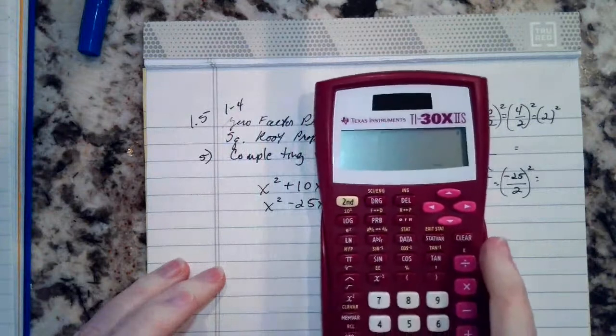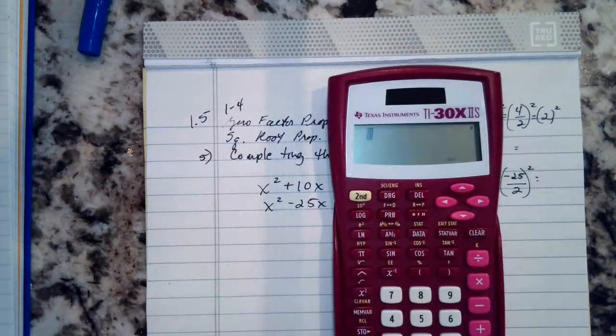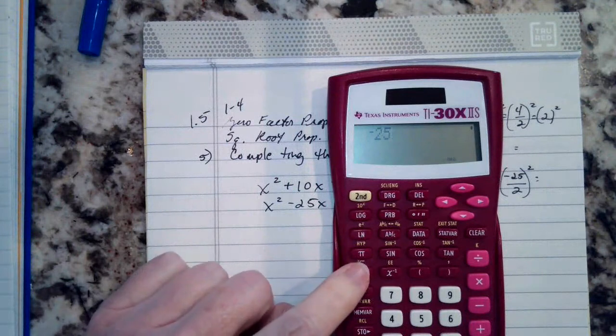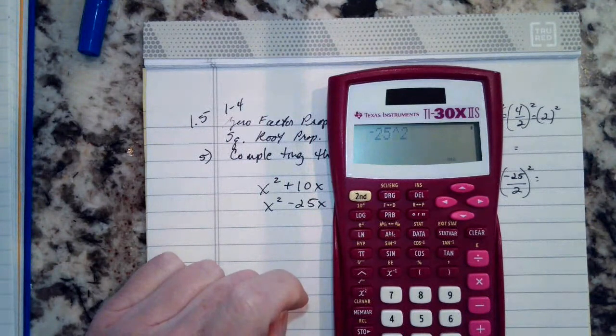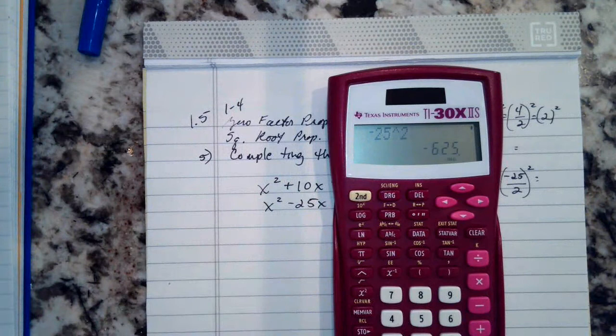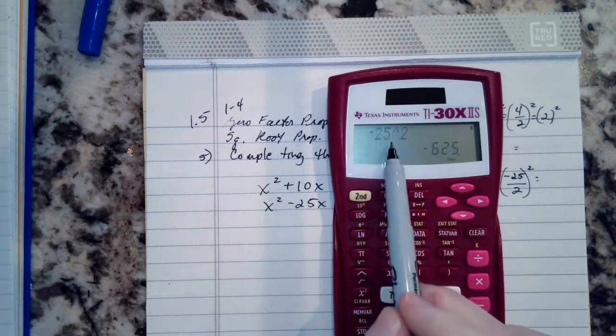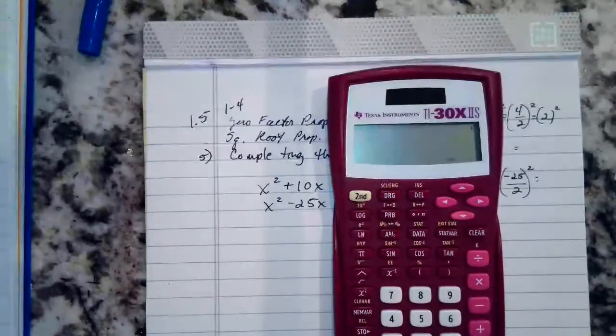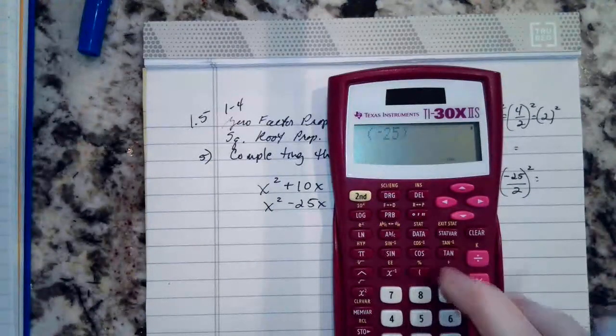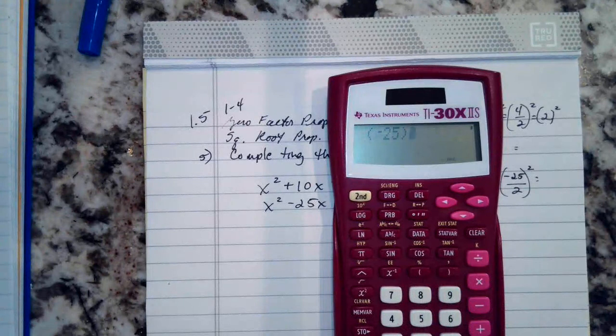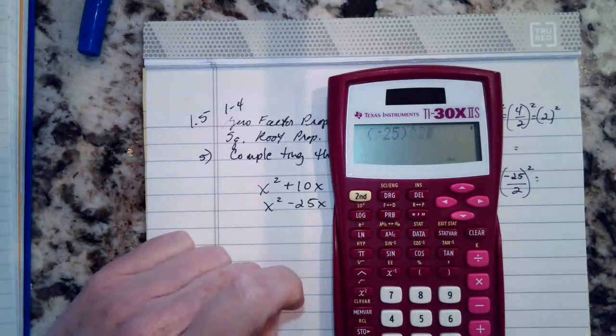let me see if I can get rid of some of that shine for you. If you put it in your calculator, negative 25, and then you do the caret key squared, it's going to give you negative 625 because you didn't ask it right. You asked it only to square the 25, so you've got to put this in parentheses. So parenthesis, negative 25, close the parenthesis, then caret 2, square it.